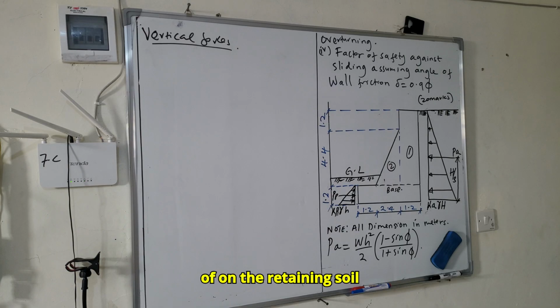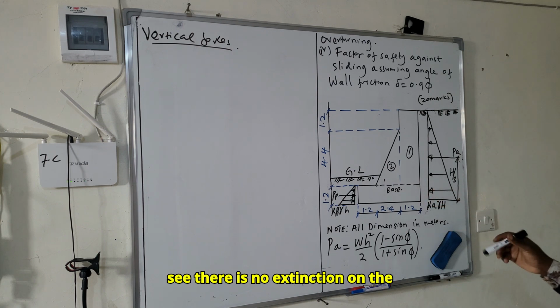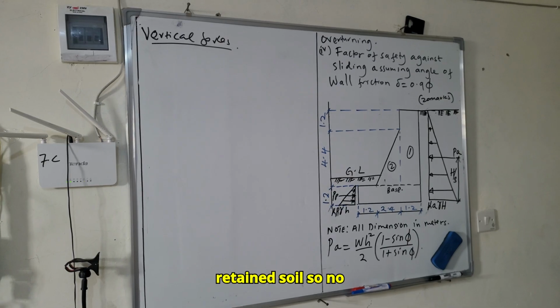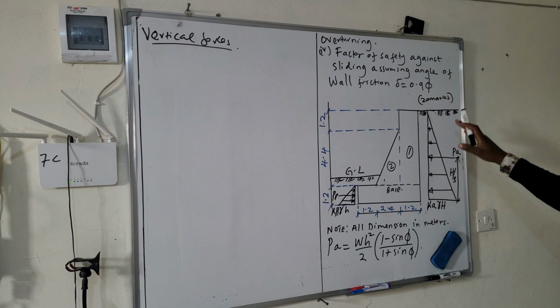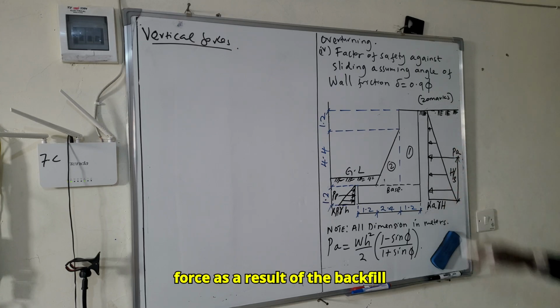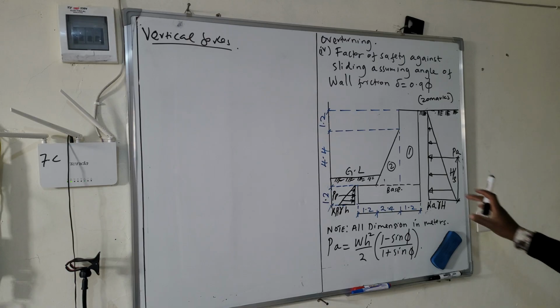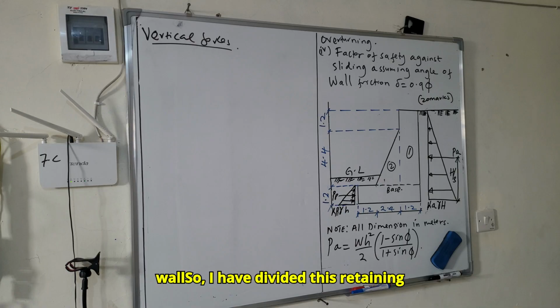But for our case, there is no extension on the retained soil. So no need to consider the vertical force as a result of the backfill. We'll only calculate the forces as a result of the retaining wall.